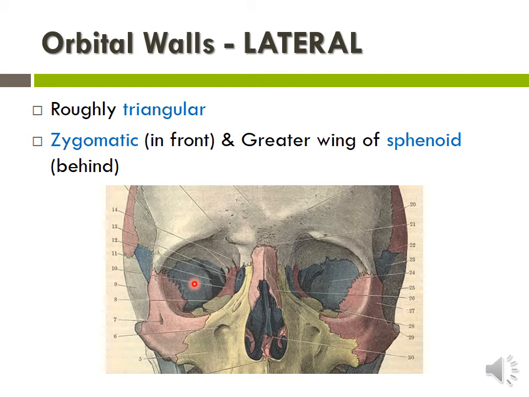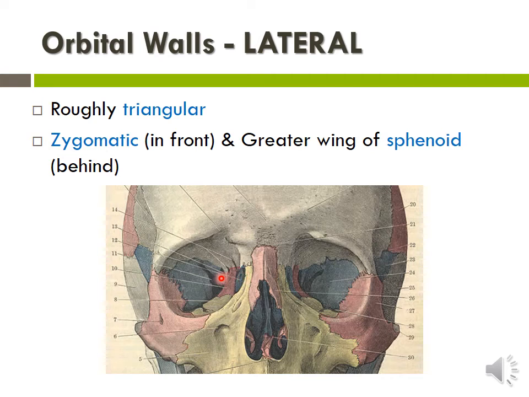Now we have completed all the bones, all the 7 bones, and how these 7 bones contribute to the formation of each of the orbital walls. A quick review: frontal bone and lesser wing of sphenoid make up the roof. You have your maxilla and zygomatic, and a small bone inside, palatine, making up the floor.